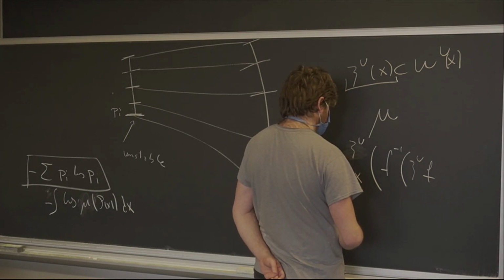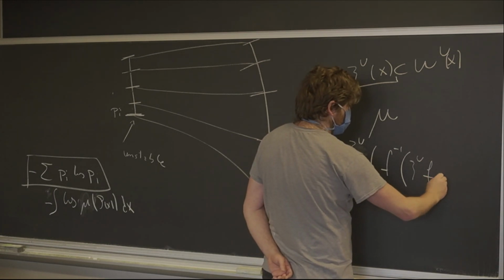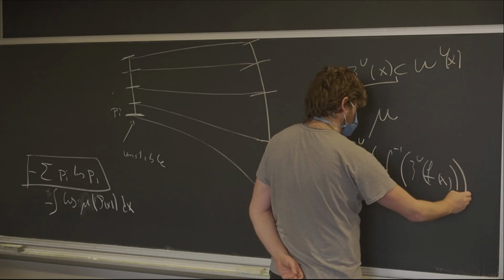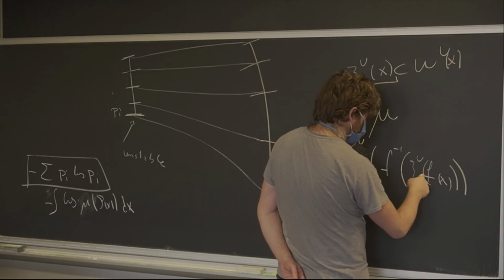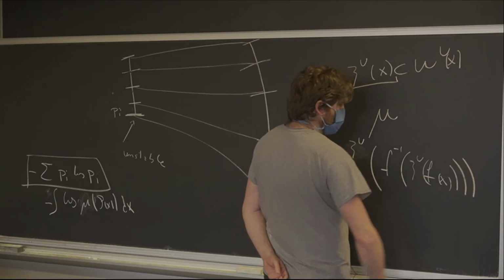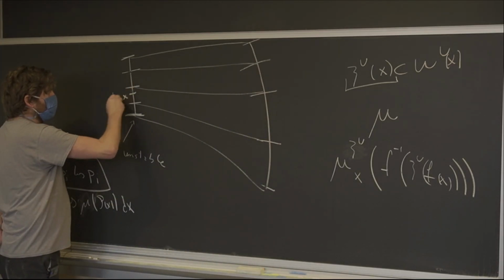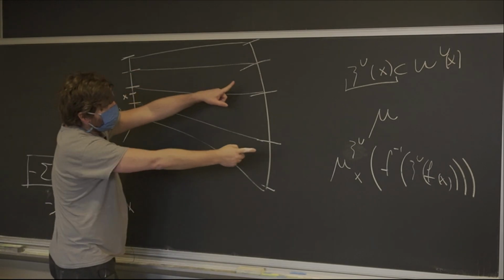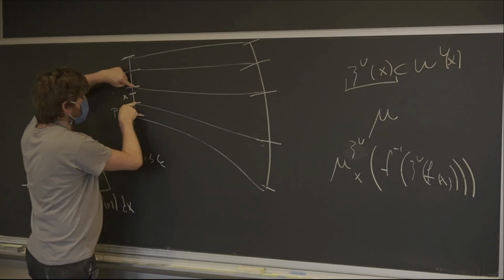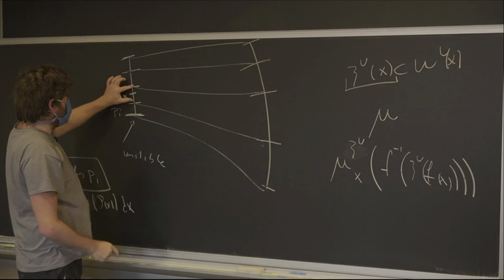Let me see if I'm doing it correctly. Yes, correctly. So if the point x is here, then I bring back the corresponding atom. So it will be that. I look at this conditional measure.